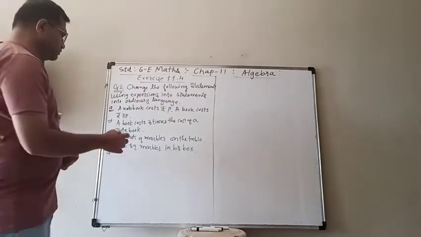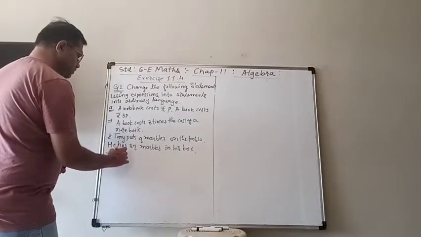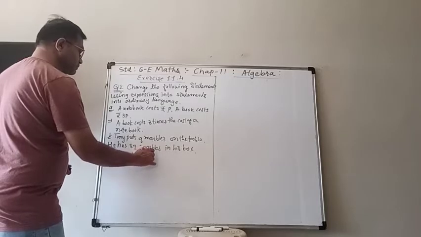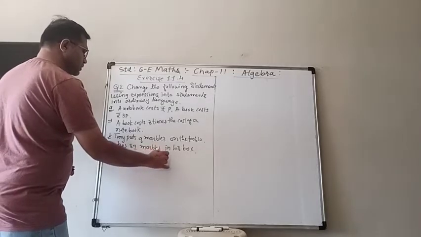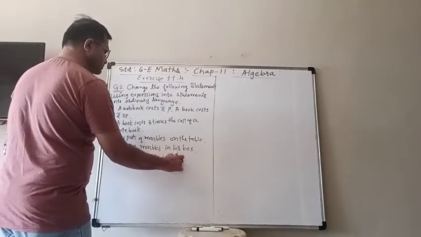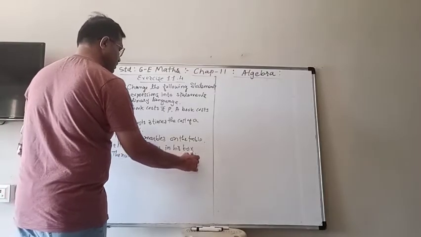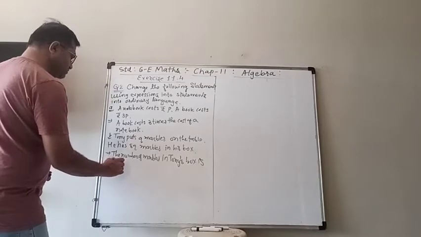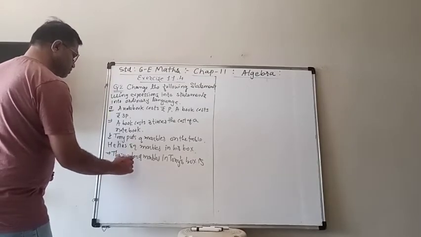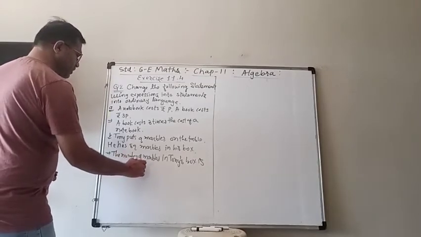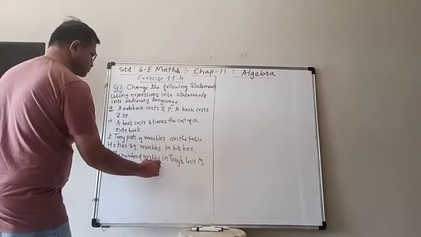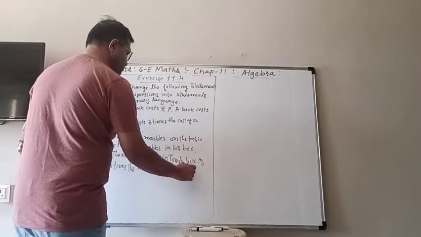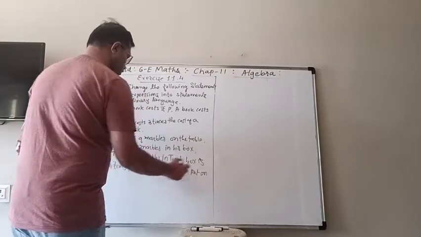So we will write: the number of marbles in Tony's box is 8 times the number of marbles he put on the table.